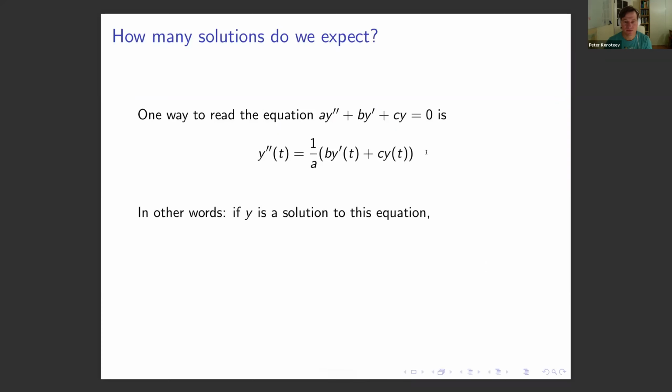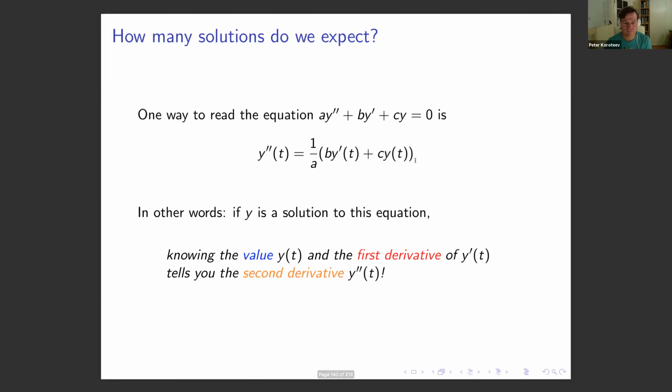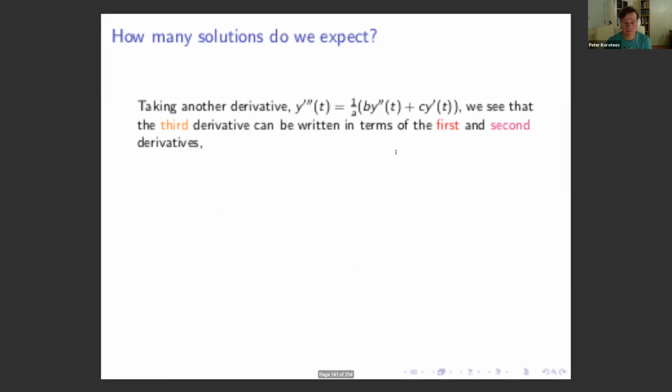So if y is a solution to this differential equation, then knowing the value of y and its first derivative y prime, because essentially what this equation is saying is that the second derivative of y is a linear combination of the first derivative of y and the function y itself. In other words, these three elements, y, y prime, and y double prime, are linearly dependent.